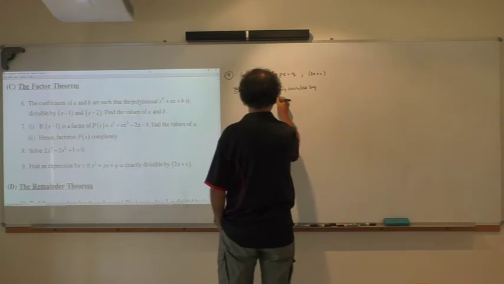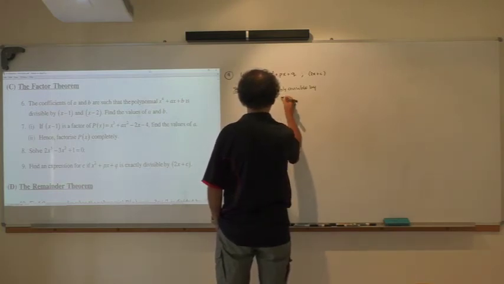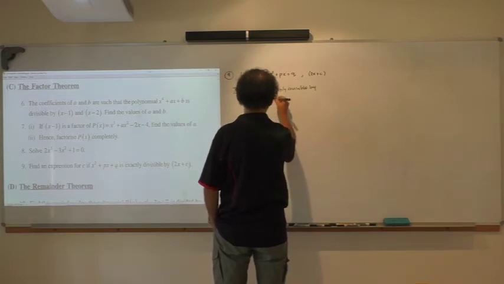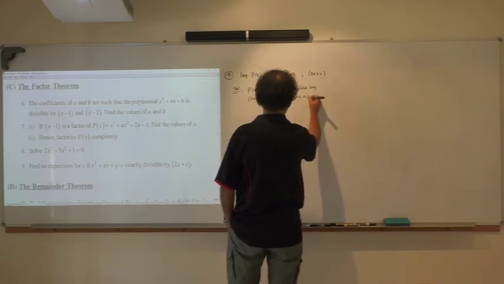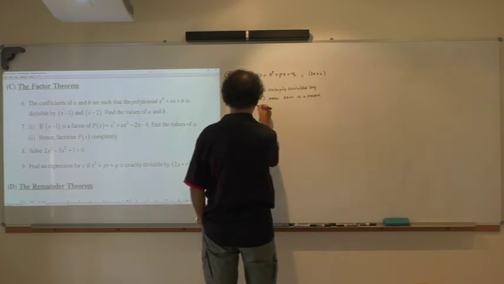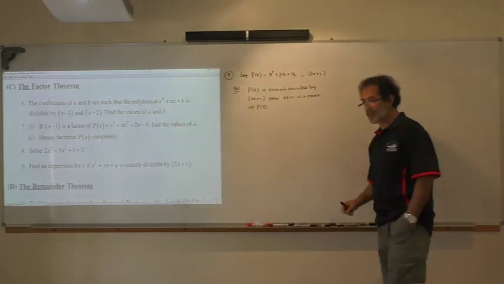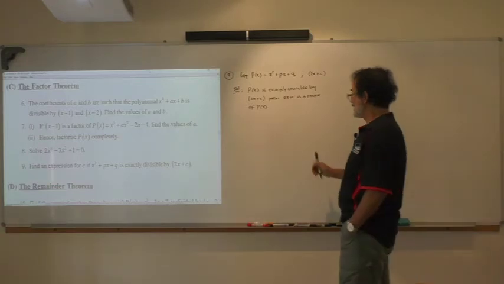So therefore, 2x plus c is a factor of p of x. Okay, consequences of that from the factor theorem is this.